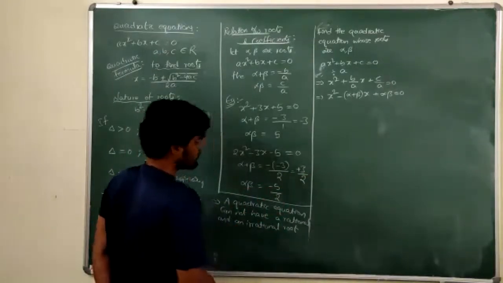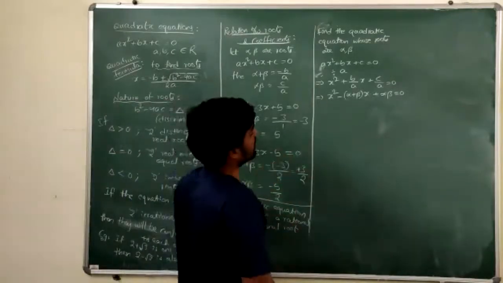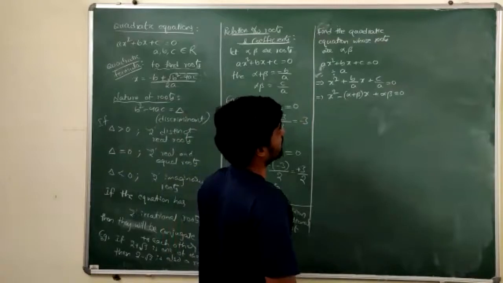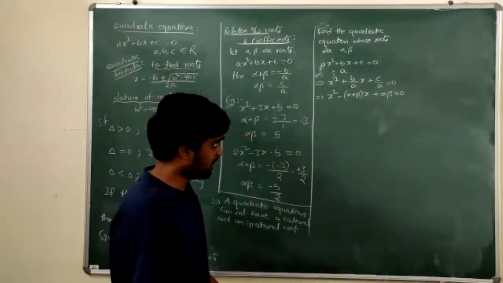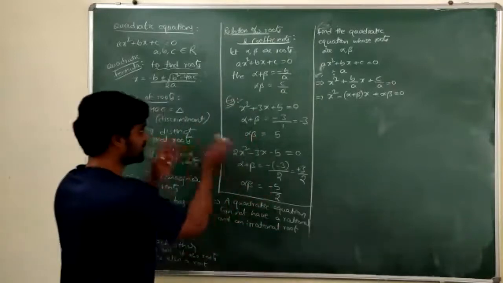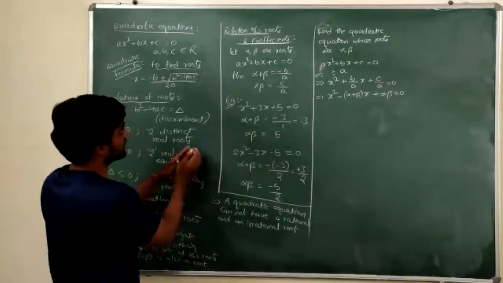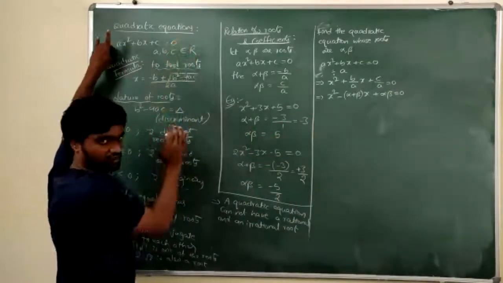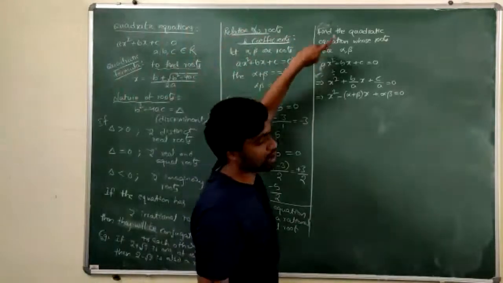Now this is the statement continuation to this one. Now find the quadratic equation whose roots are alpha and beta. So this is the reverse questioning. Here, you are given the quadratic equation and asked to find the roots, whereas here, you are already given the roots.